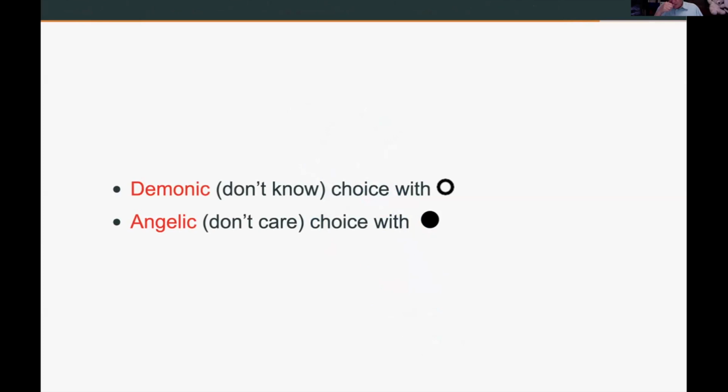I don't know which is going to happen, and I may make the wrong choice. That's demonic, the idea that I always make the wrong choice. Here, I just might make the wrong choice, and the open circle was choose one or the other, and it may be the wrong choice. Angelic means don't care. Well, if you don't care, but you don't know which one to choose, they better do both.